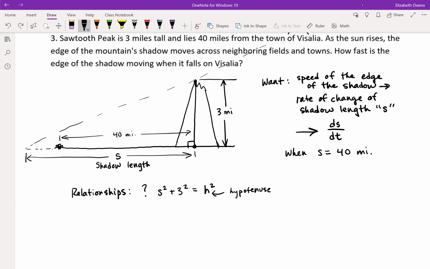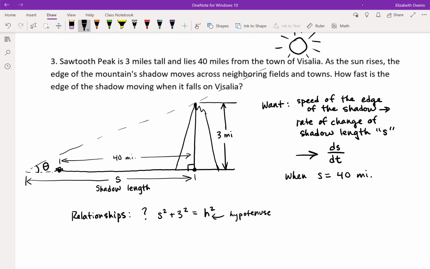So let's call this angle down here theta, because that angle theta is giving us the angle or position of the sun relative to the shadow length. That's a useful thing to have. So maybe let's try the tangent relationship.